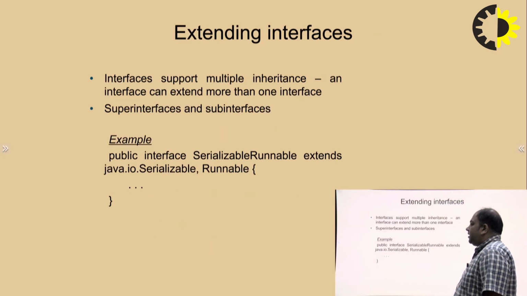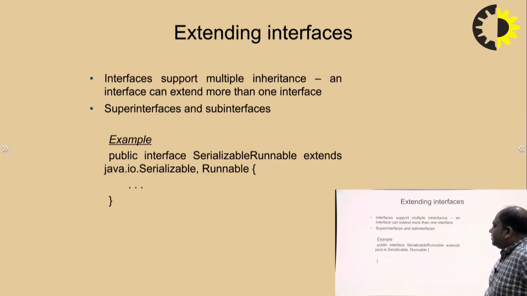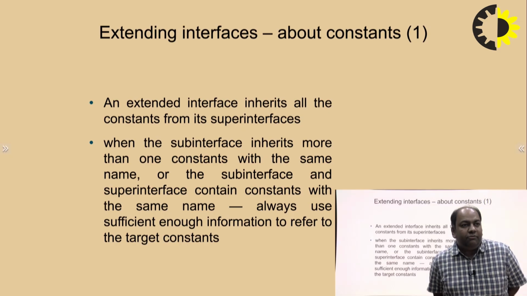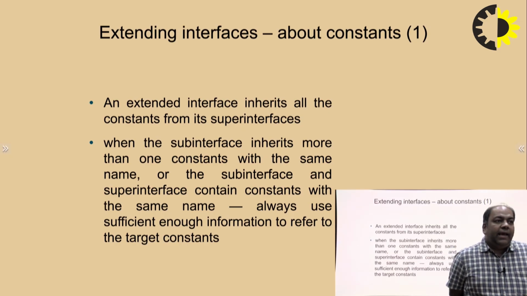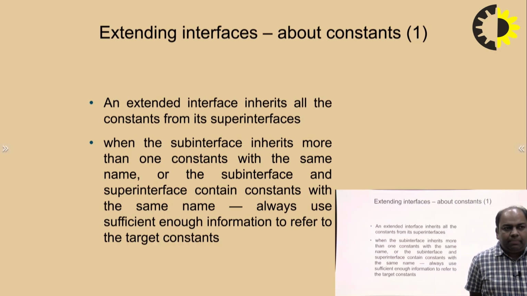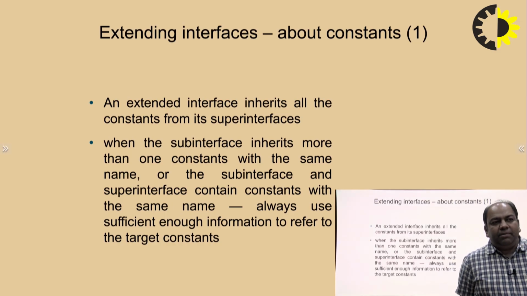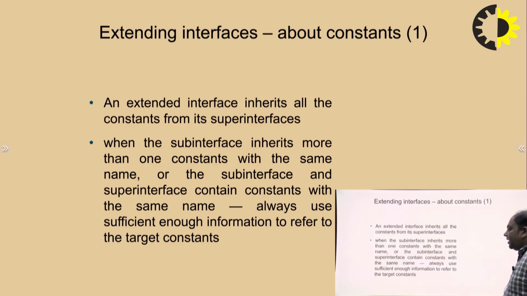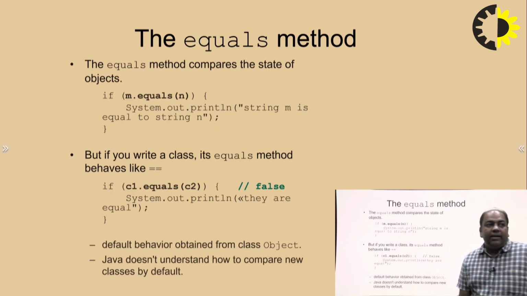Interfaces support multiple inheritance by using the extends keyword with super interfaces and sub interfaces. About constants, an extended interface inherits all the constants from its super interfaces, and when a sub interface inherits more than one constant with the same name, or the sub interface and super interface contain a constant with the same name, always use sufficient information to refer to the target constant.